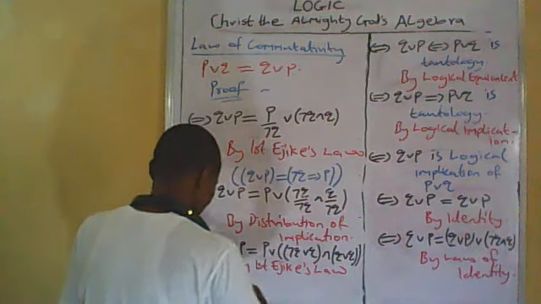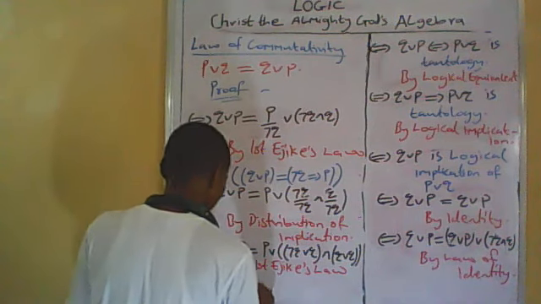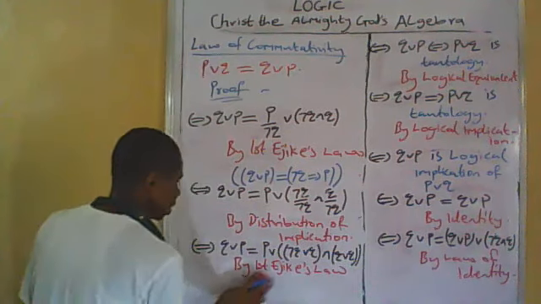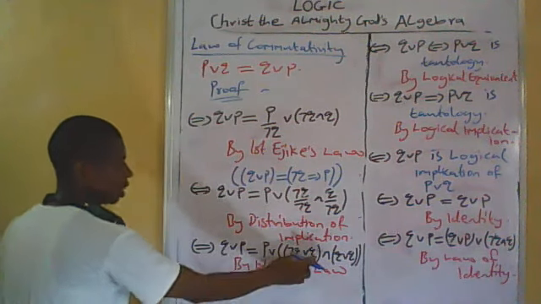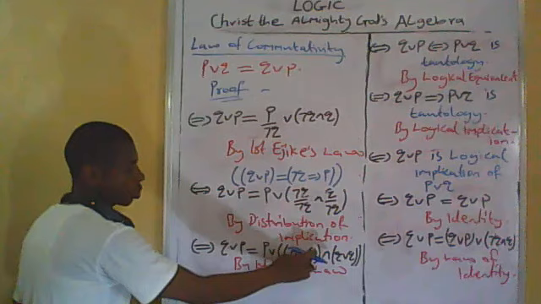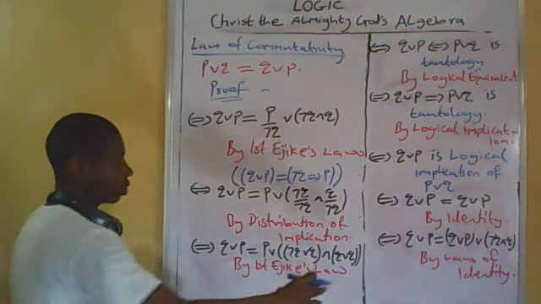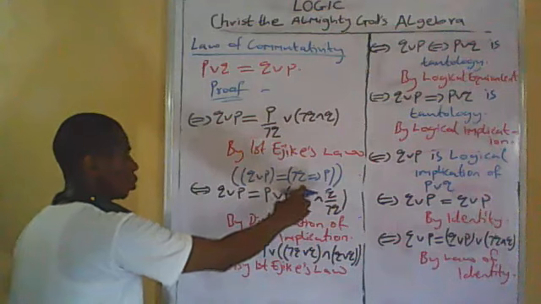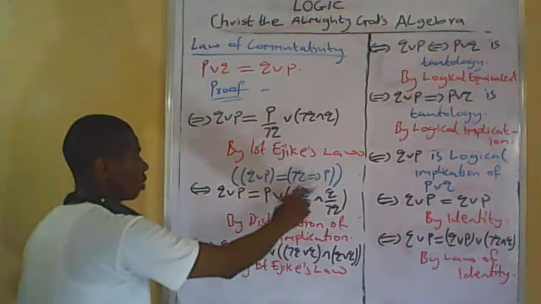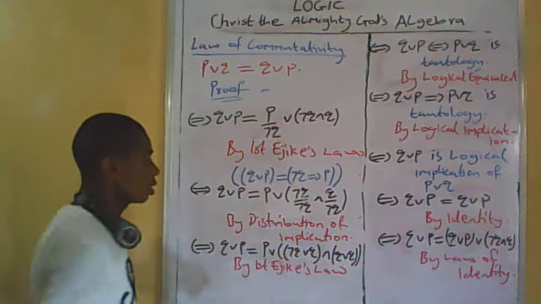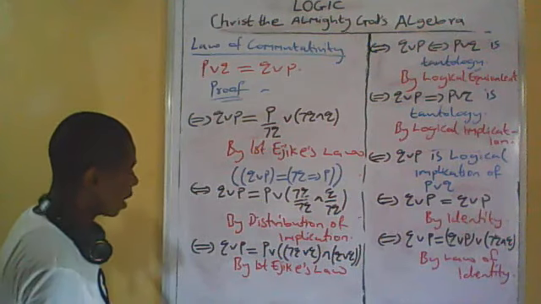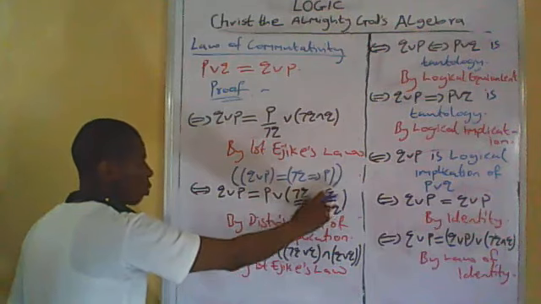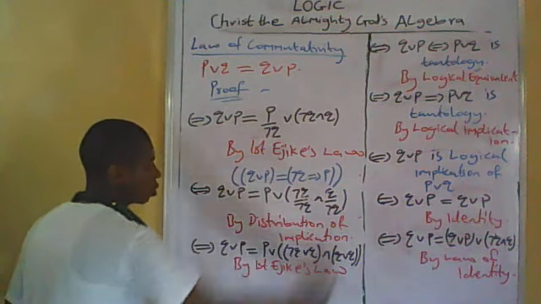That is to say that bracket, or let's leave it because there are two. That means this not Q or Q is logically equivalent to not Q upon not Q. That means not Q implies not Q, true by first Aristotle's law. Presenting Q upon not Q, it is Q or Q.